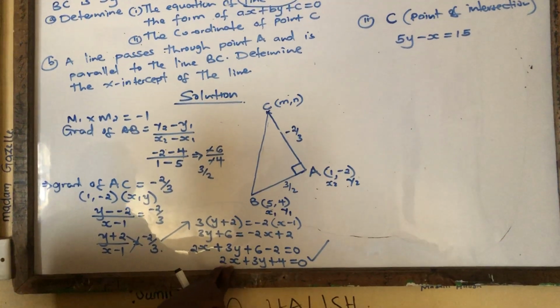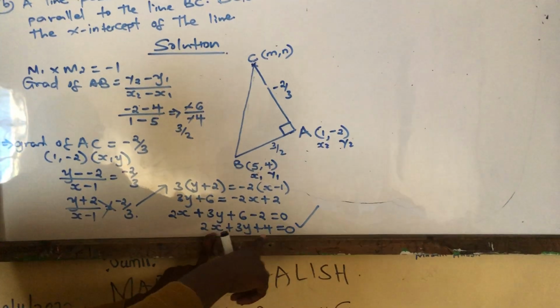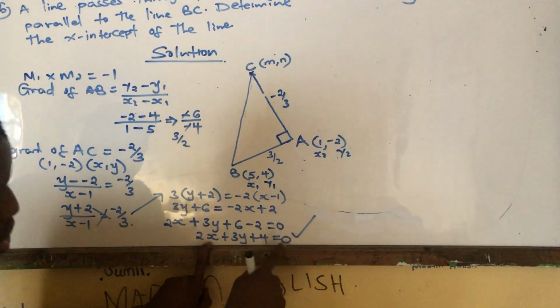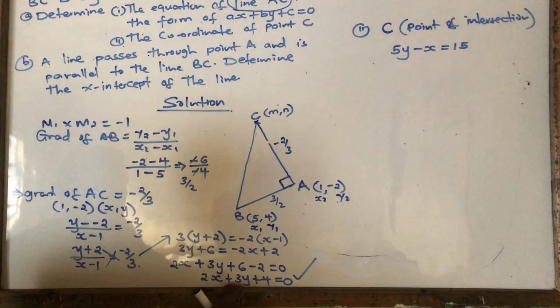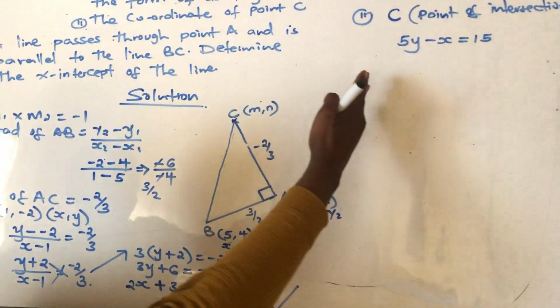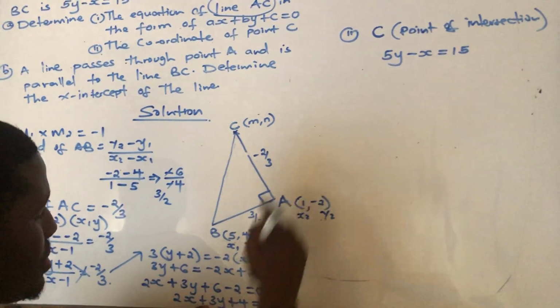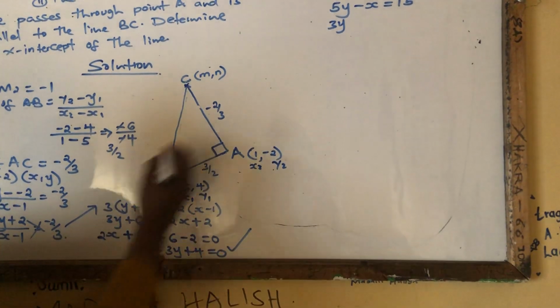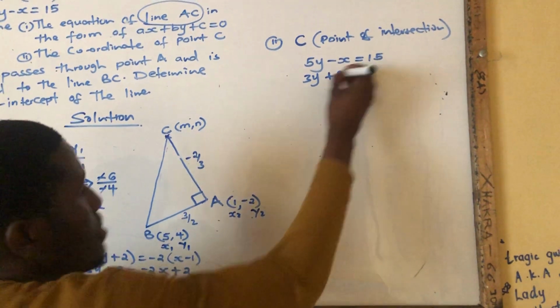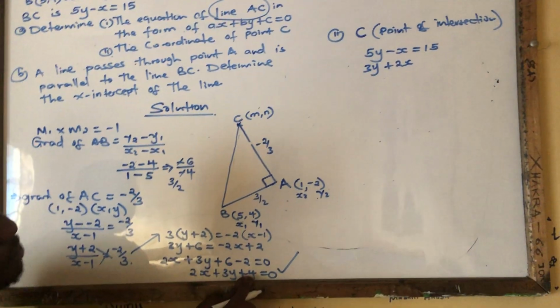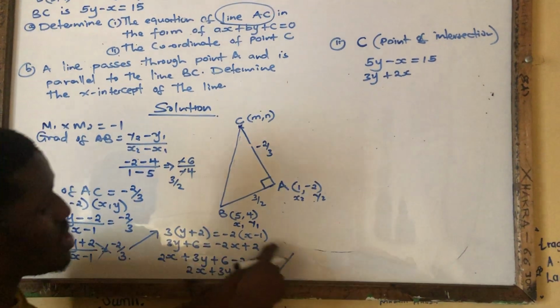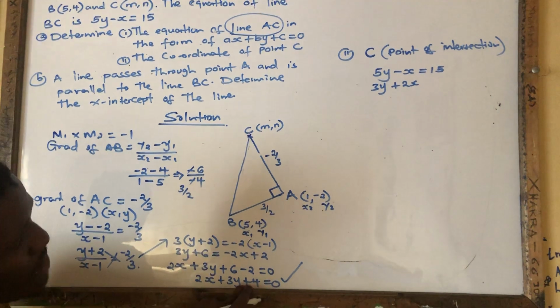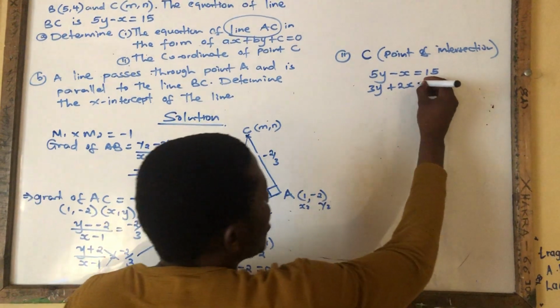It was 2x plus 3y plus 4 is equals to 0. But I want us to start with the y for purposes of orderliness. So I will start with the 3y, after which the 2x will follow. Then as for the 4, let's take it to the other side of the equal sign. Being a positive, it will now become a negative.